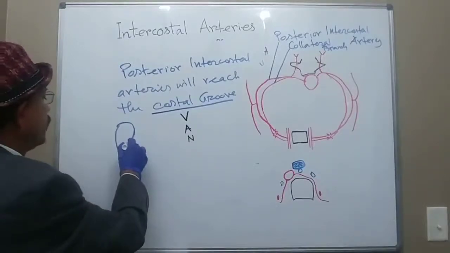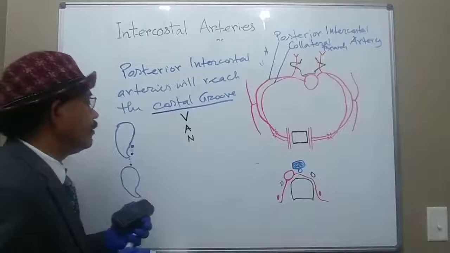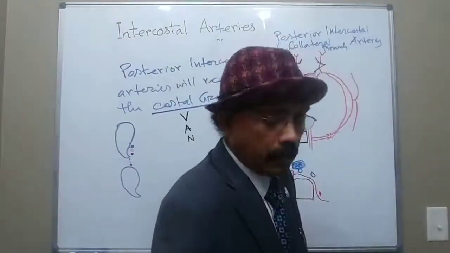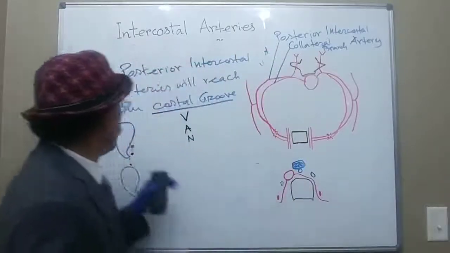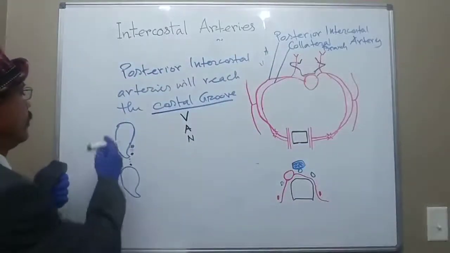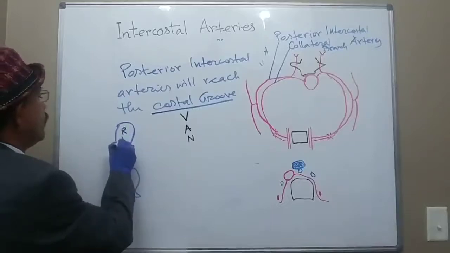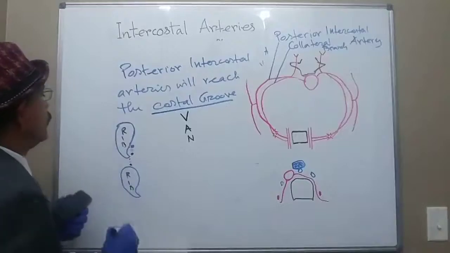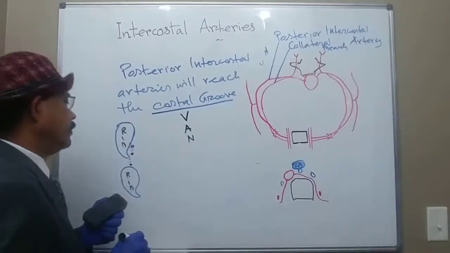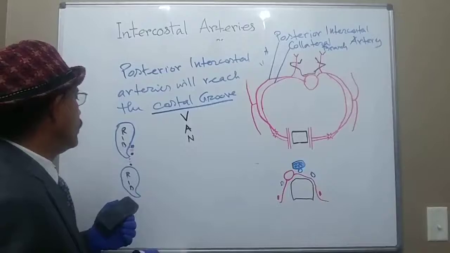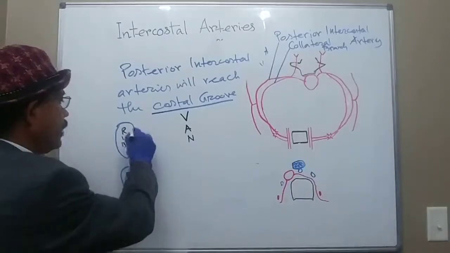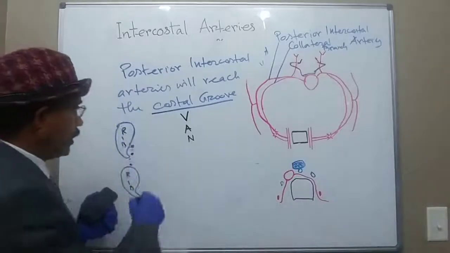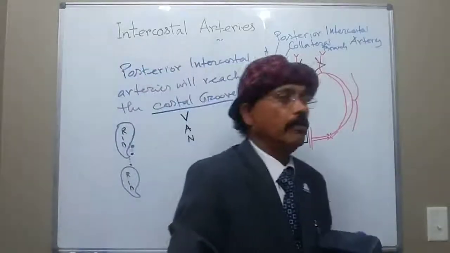So this is the costal groove, this is the rib, another rib is here. We got the neurovascular bundle between the intercostalis intimi and innermost intercostal, and outside we get the external intercostal muscle.